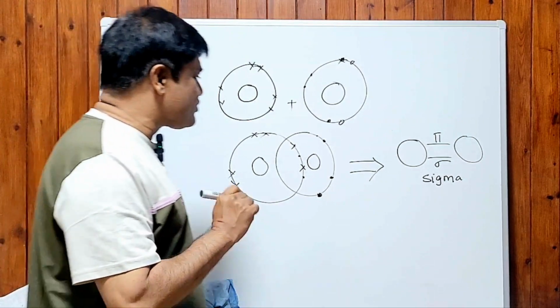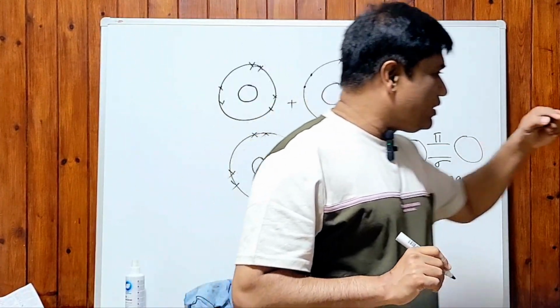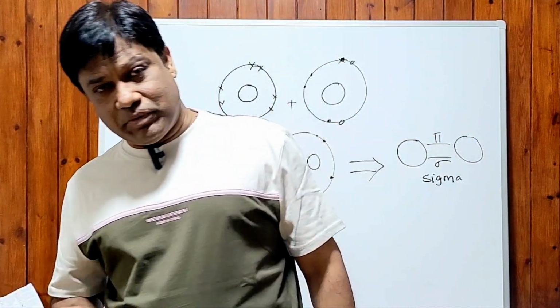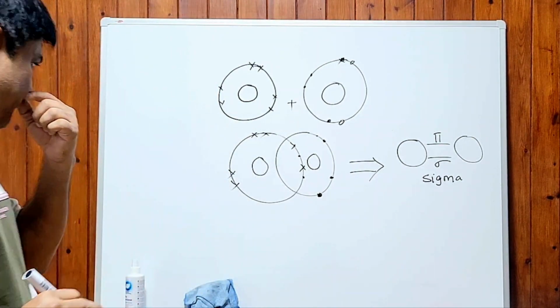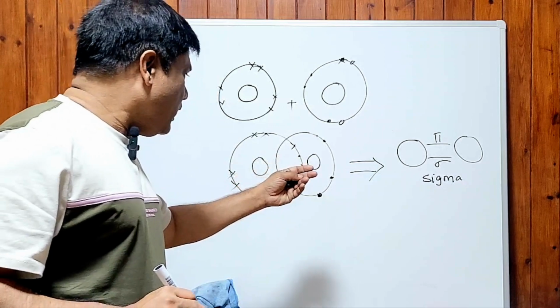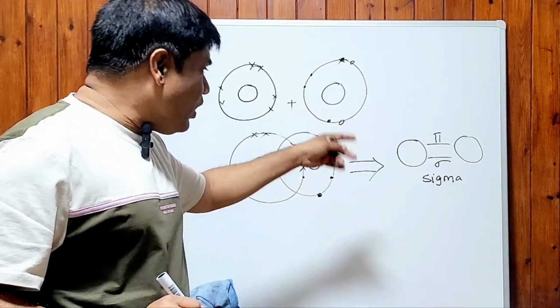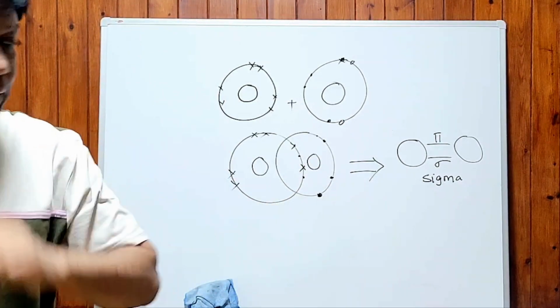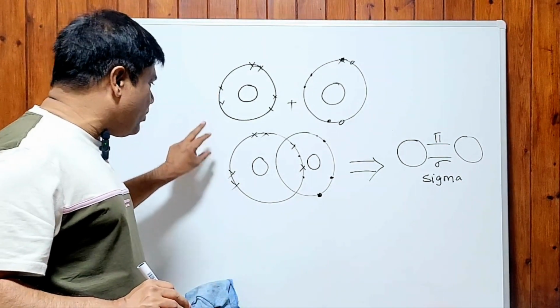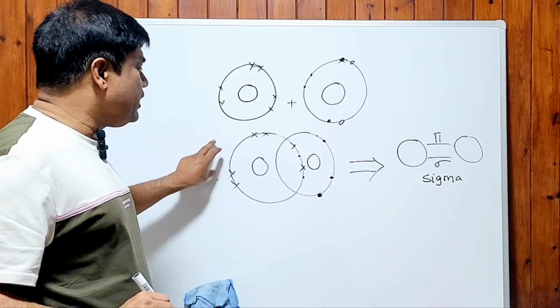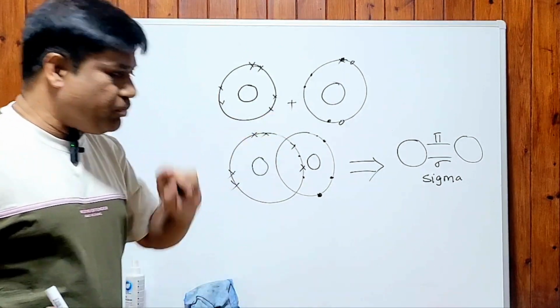I will teach you how a sigma bond is formed and how a pi bond is formed. This is the example of a molecule having a double covalent bond.